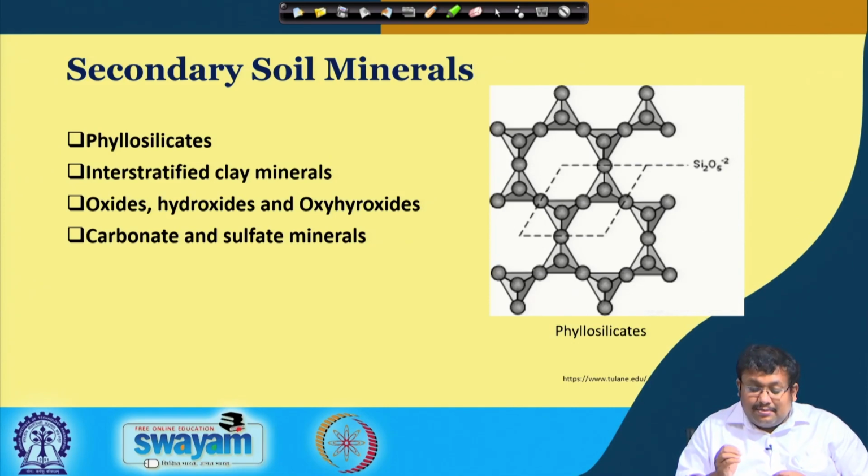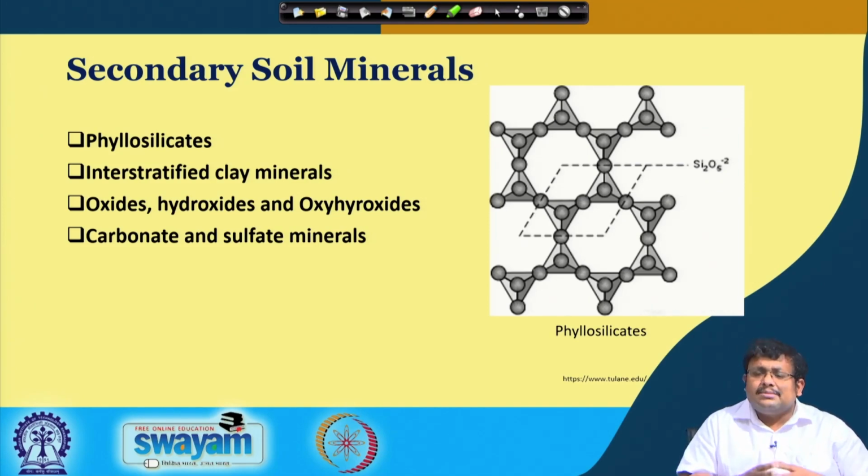Remember, these primary minerals maintain their chemical composition irrespective of their size. They maintain their original chemical composition from the rocks from which they developed. However, when the chemical composition changes from one mineral to another mineral, the secondary soil minerals appear. Another name for secondary soil minerals is secondary clay minerals.